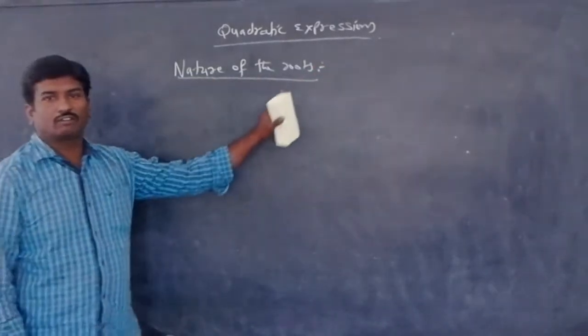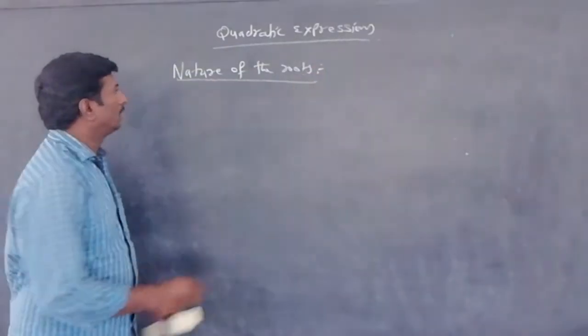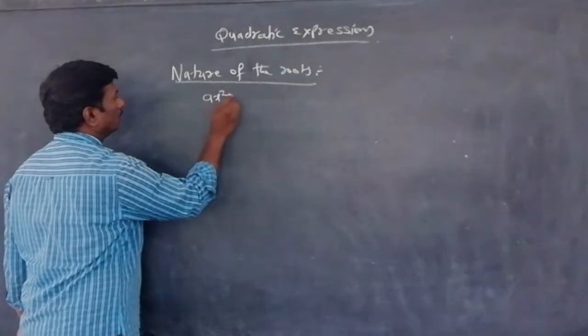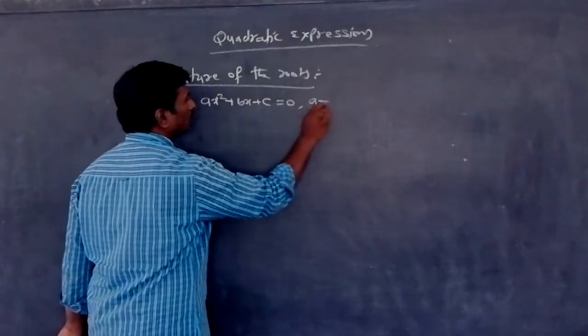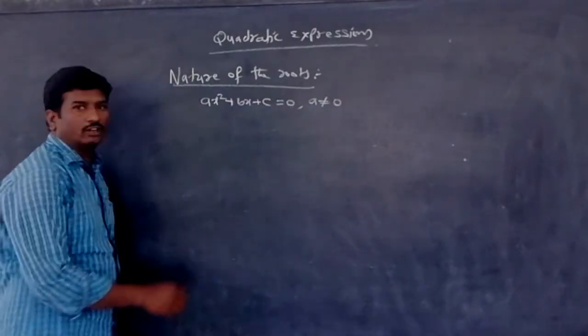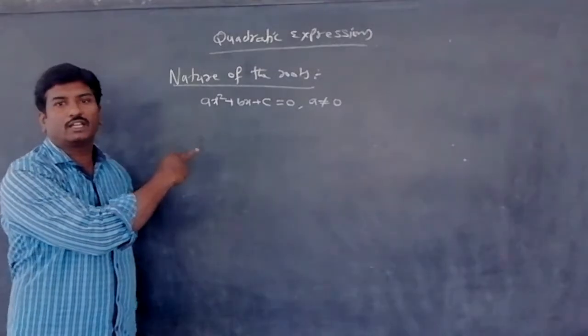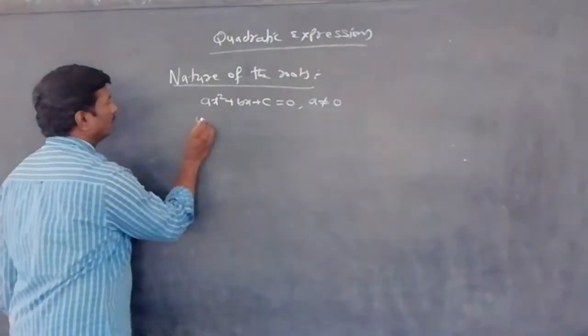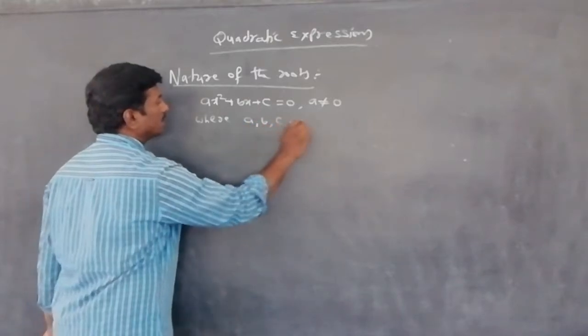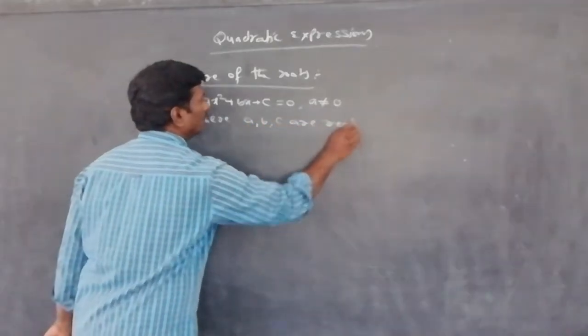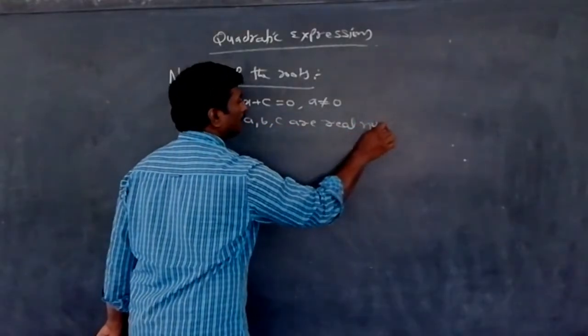Nature of the roots of a quadratic expression, right? ax² + bx + c = 0 with a ≠ 0 is the standard form of a quadratic expression, where a, b, c are real numbers.